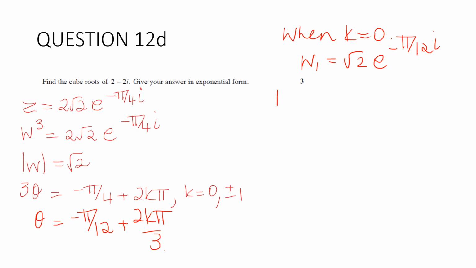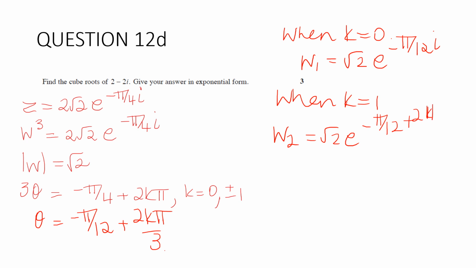When k is equal to 1, w2 will equal root 2 e to the negative pi on 12 plus 2 pi over 3 i, which is equal to root 2 e to the, with 12 on the bottom, negative 1 plus 8, 7 pi on 12 i.